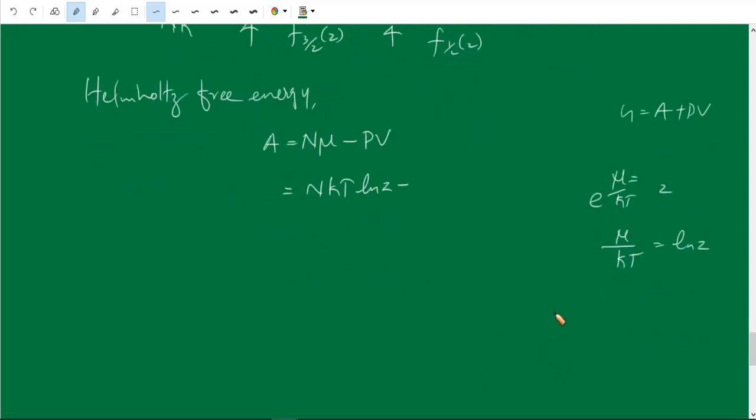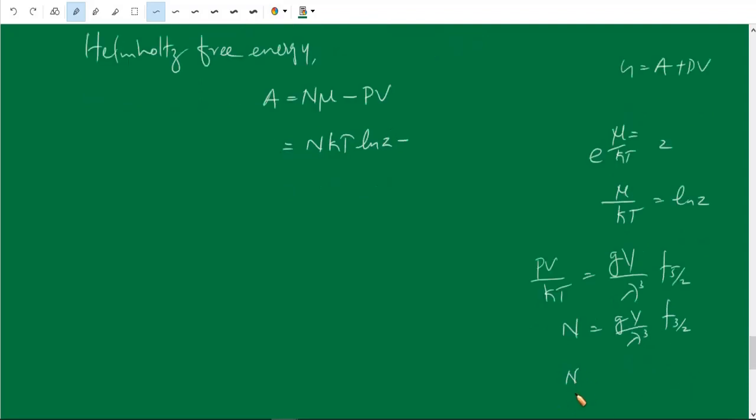What is that? PV divided by kT is equal to g V divided by lambda cube f 5 by 2, and also we have N is equal to g V by lambda cube f 3 by 2. Combining these two, we get PV divided by NkT is equal to f 5 by 2 divided by f 3 by 2.